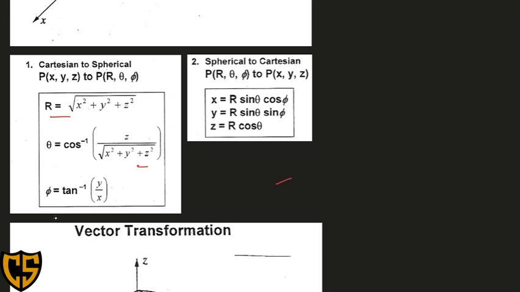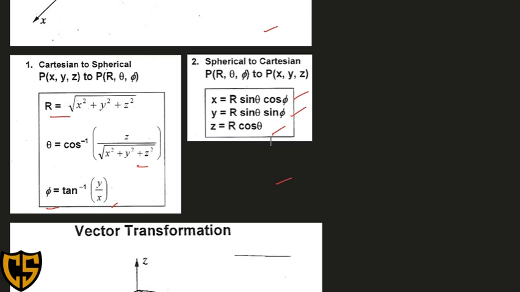And then aton nga phi, arctan of y all over x para sa ginhimo naton sa cylindrical coordinate system. So for the halin sa spherical to Cartesian, so as what was shown kagina, so x will be r sine theta cosine phi, y will be r sine theta sine phi, z is equal to r cosine theta.